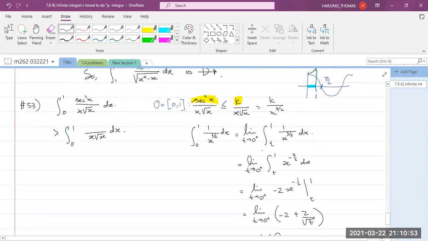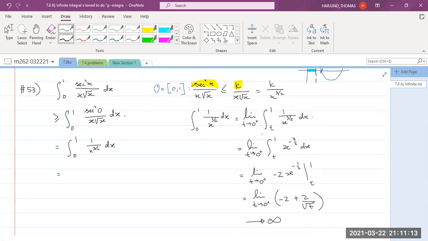So I will bound it below by secant squared 0. But secant squared 0 is 1. Then I basically do whatever I have here.